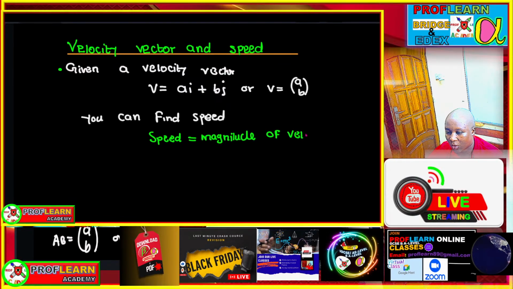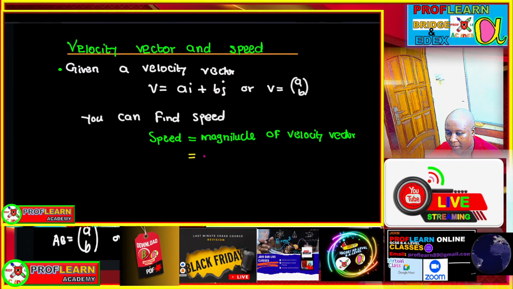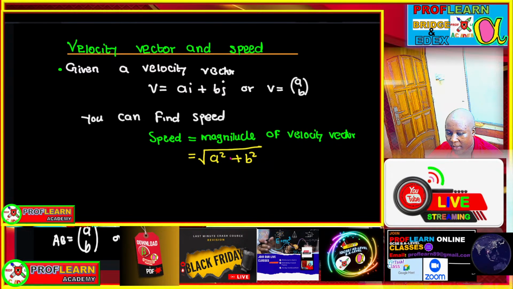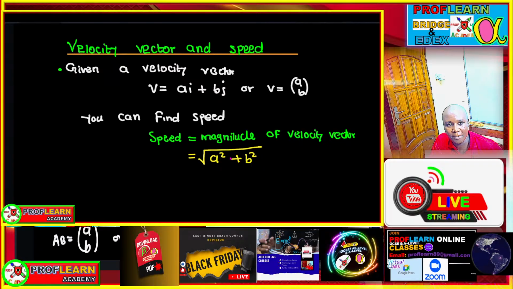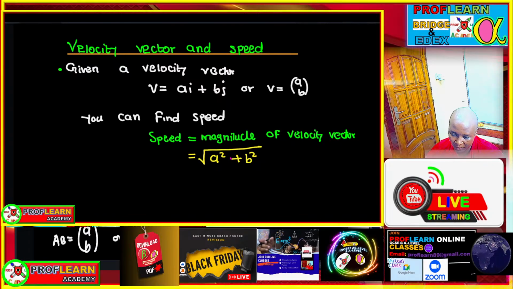For us to calculate that, the magnitude is going to be the square root of a squared plus b squared. So whenever you're given a velocity vector, you need to remember that you can work out a unit vector from there.